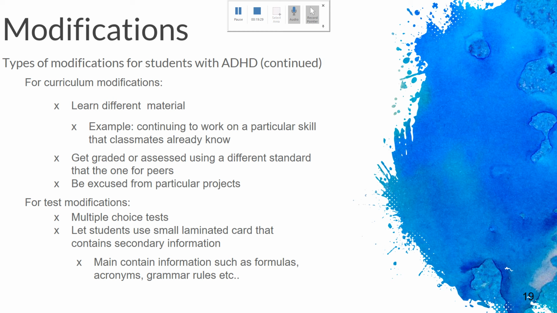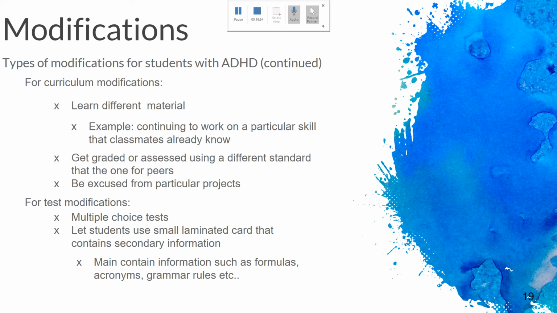So for test modifications, I found this quite interesting. It's best to use multiple choice questions or tests, because then they can use the test to answer questions and that jogs their memory. I thought that was very neat. You can also let the students use a small laminated card that contains secondary information.